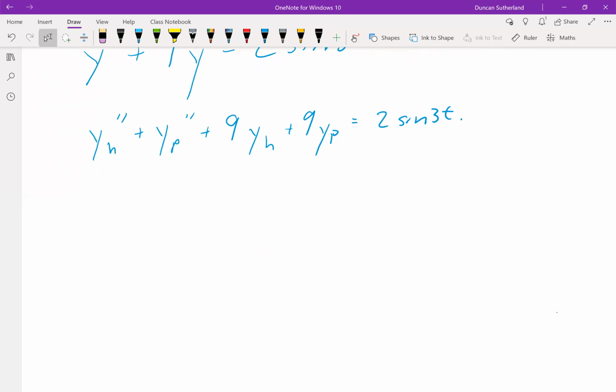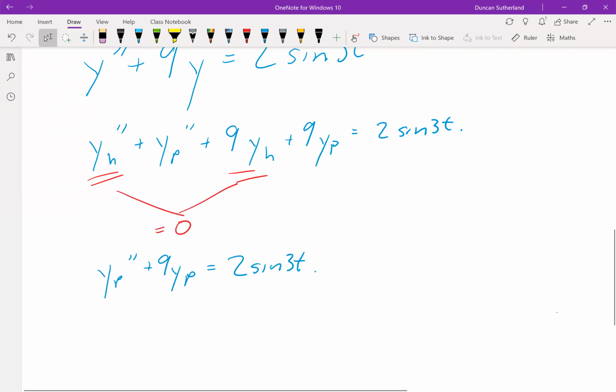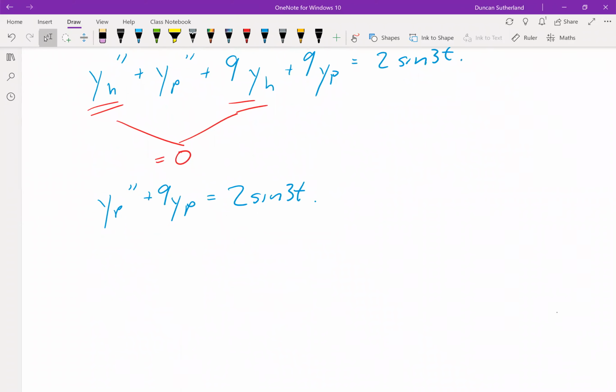And we note that this and this, that's identically the homogeneous problem. So together they contribute nothing. We're left with y_P double prime plus 9 y_P, no primes, equals 2 sine 3t. Now, once we're here, we've got to differentiate our y_P.